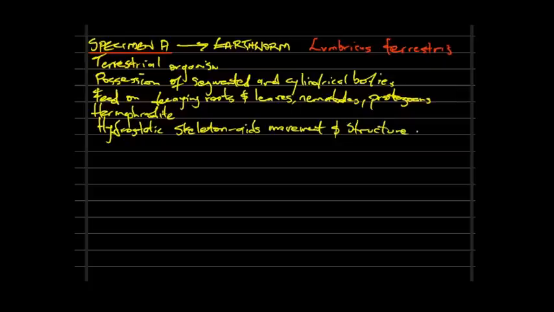They also have the CNS and the PNS. They function with the aid of the CNS, the central nervous system, as well as the peripheral nervous system. We need to know that as well.